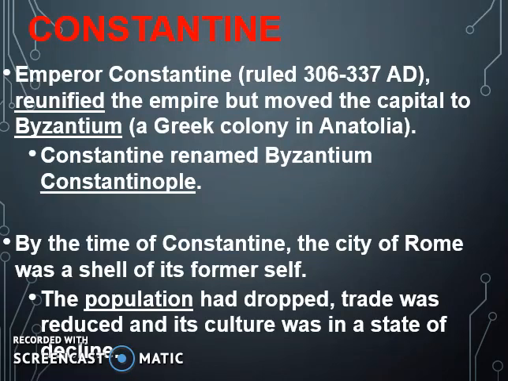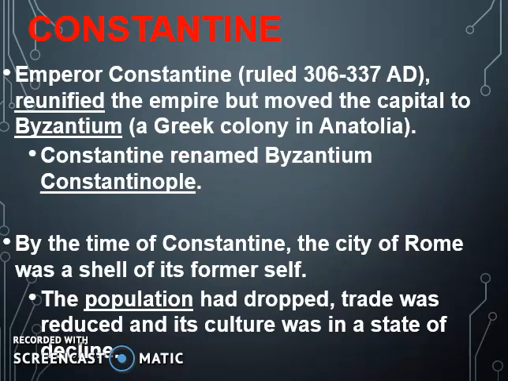By the time of Constantine, the city of Rome was a shell of its former self. So the Roman Empire, originally the city of Rome was the capital. Constantine is going to change this. He is going to make Byzantium the capital, and rename it Constantinople. Because Rome, the city of Rome, was not as amazing and large and magnificent as it once was.